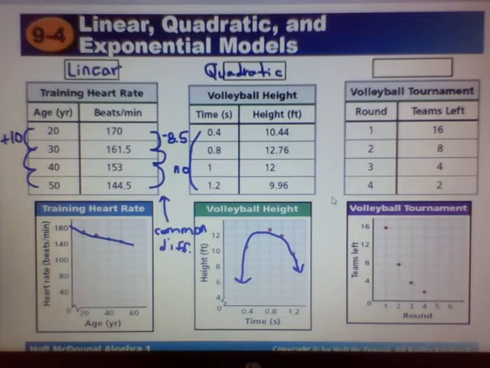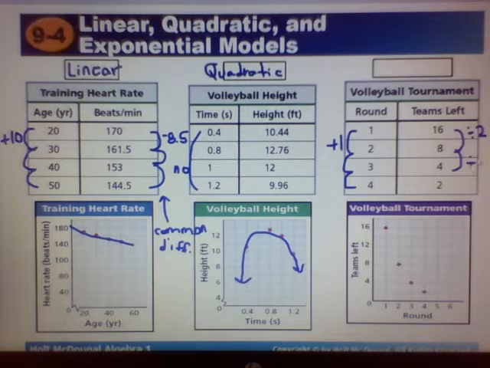And then the last one is going to be exponential. As we look here between 1, 2, 3, and 4, definitely has a +1 going there. Because of that, we have something we can look for a pattern for over here. Between 16 and 8, we are dividing by 2. Technically, we're subtracting 8, but I can see that we are actually going to be dividing by 2 as we continue.